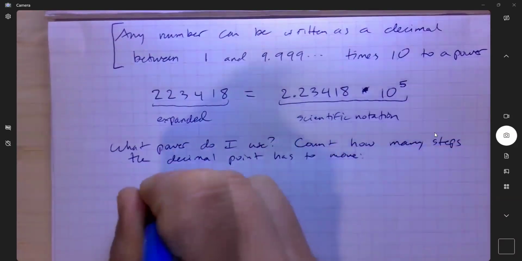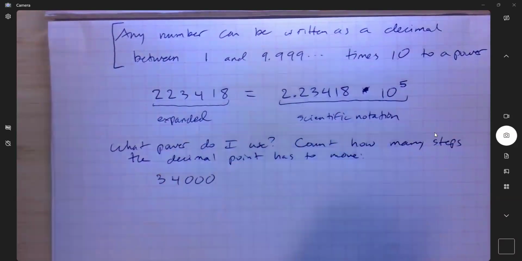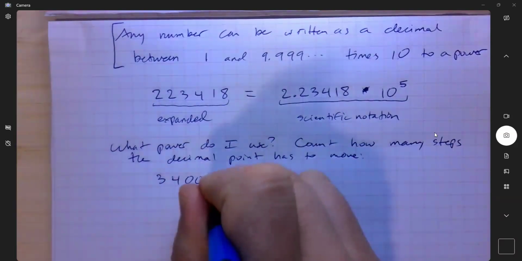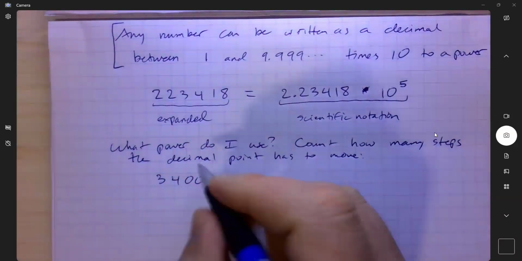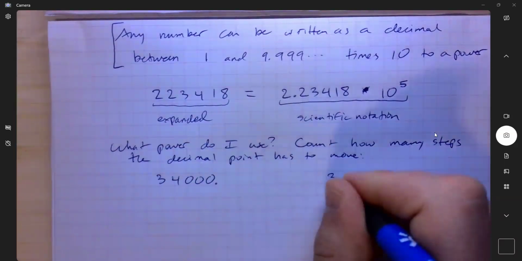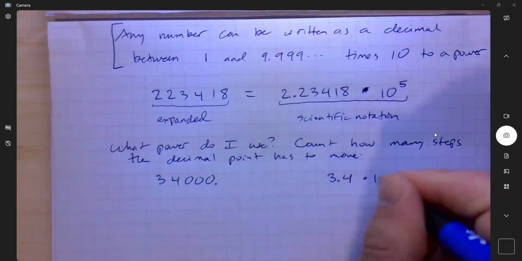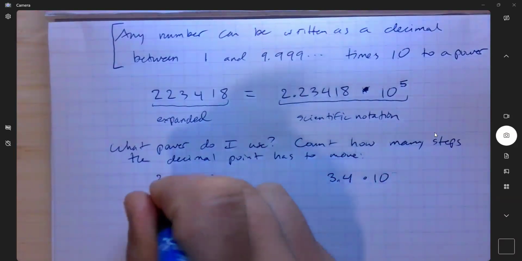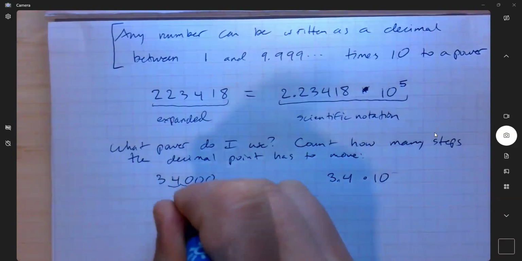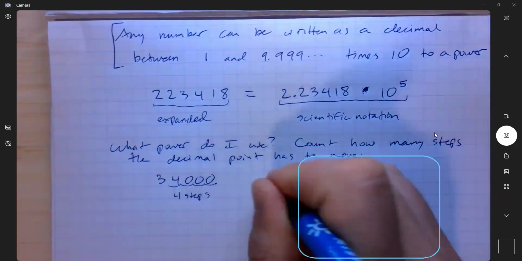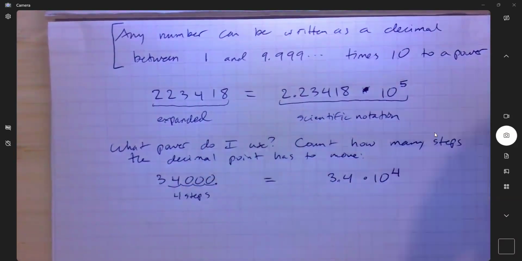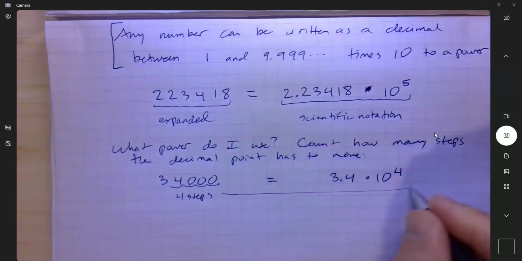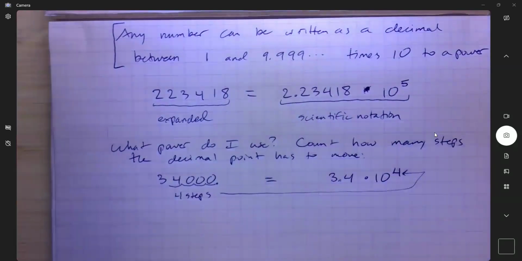So let's look at my two examples. 34,000. We don't write it with the decimal point, but if I did, it would go right there. And in order to get it written as 3.4 times 10 to a power, I have to move the decimal 1, 2, 3, 4 steps. So it must be 3.4 times 10 to the fourth, because the 4 steps becomes the power.